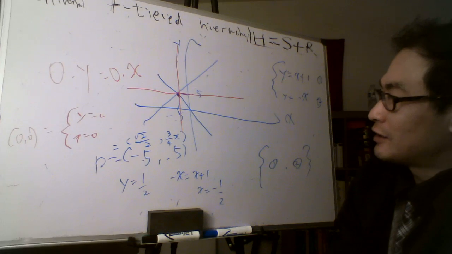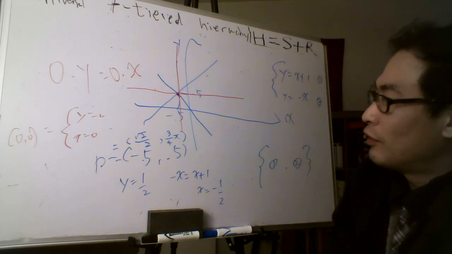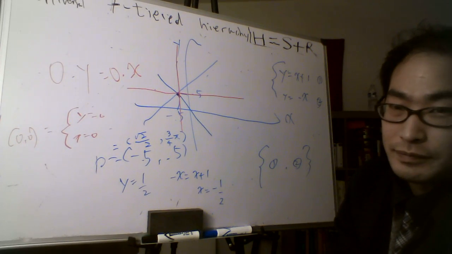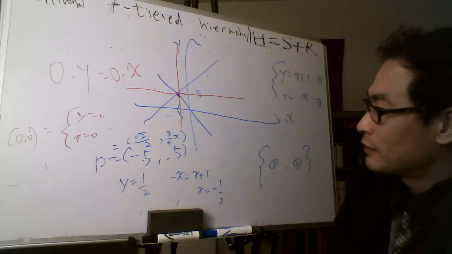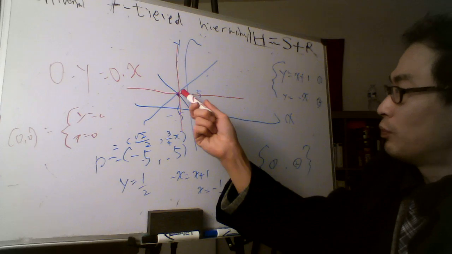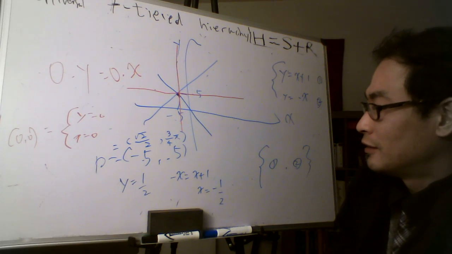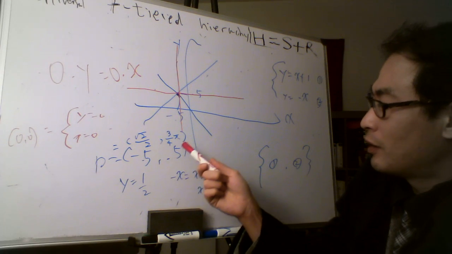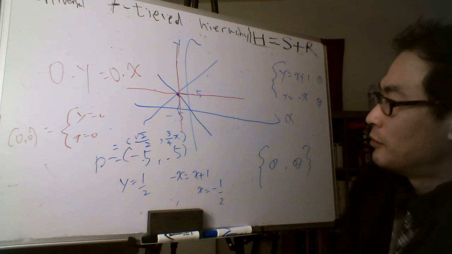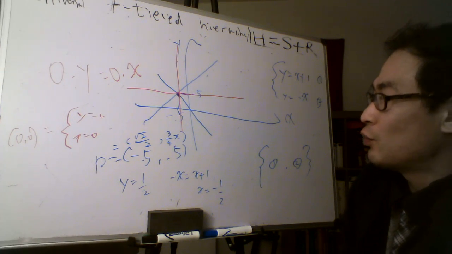Yeah, so in this particular context of this mathematics, we only have 1 point, minus half comma plus half, but there are infinite ways to define this point.